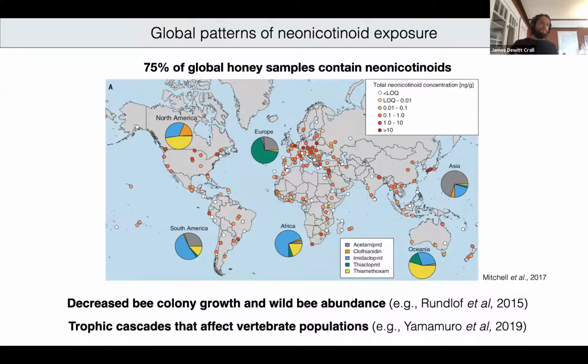And in addition, there's pretty compelling evidence that this can have trophic cascading effects. So for example, in aquatic ecosystems, wiping out the invertebrate population in lakes can then impact fisheries and have scaled up ecosystem effects.